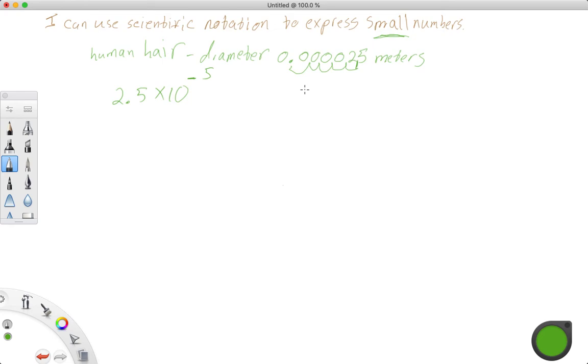So 2.5 times 10 to the negative fifth power is 0.00025. Yes. Okay, so that is correct. So now I don't have to redo the video and pretend that I didn't make a mistake. Just so you know, I have done that in the past. Okay, 2.5 times 10 to the negative fifth, that would be our answer.